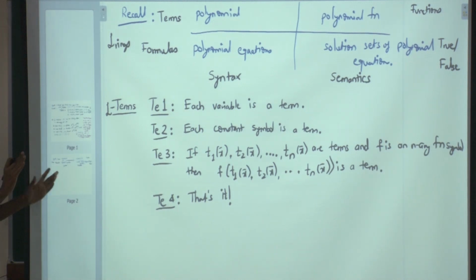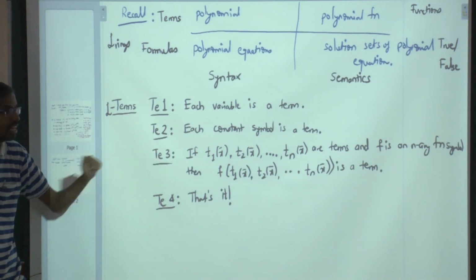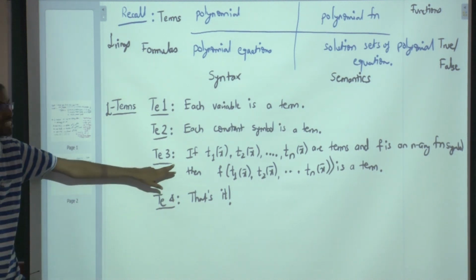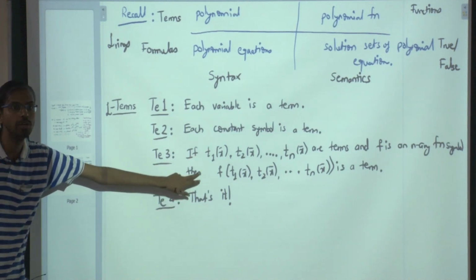So we cannot use relation symbols over here. And finally, if x is a polynomial, y is a polynomial, then is x plus y a polynomial? Is x times y a polynomial? Is x minus y a polynomial? That's what we are doing here.